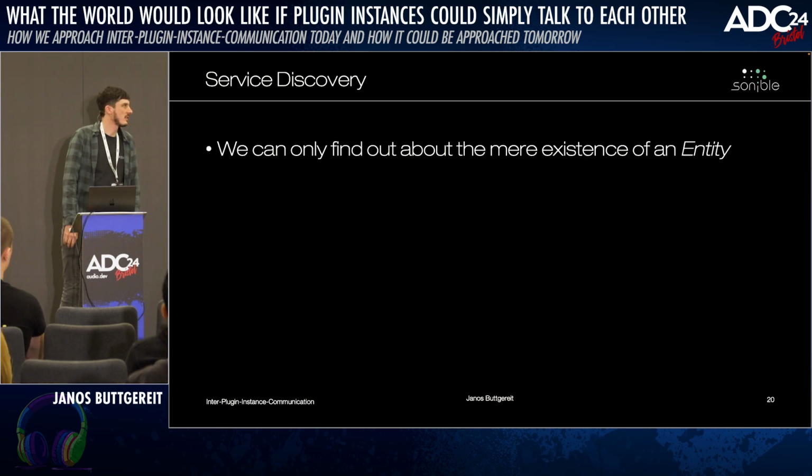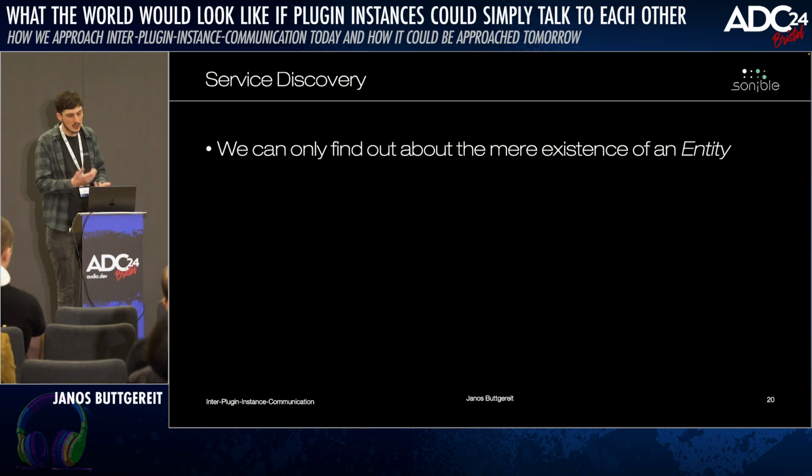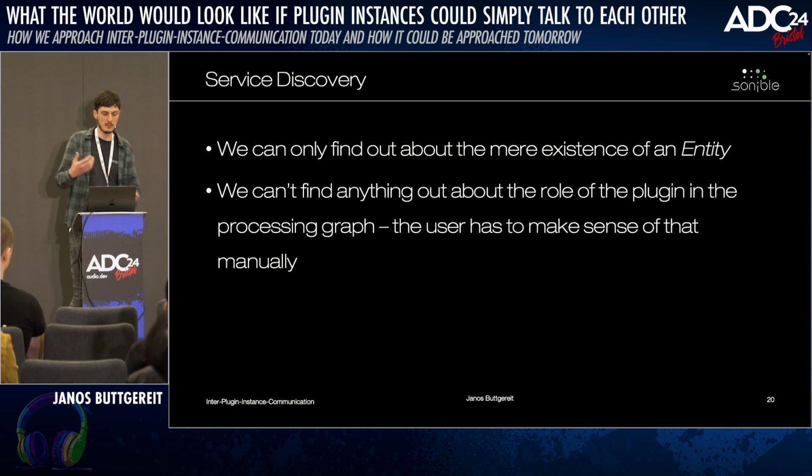Another point is that the service discovery can only find out that a certain entity exists. We have no context information. We can't find out anything about the role the plugin has in the processing graph, for example. So the user can group plugins in a way that is very, very stupid.